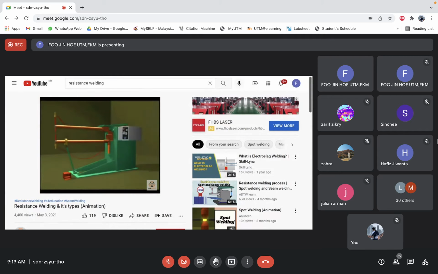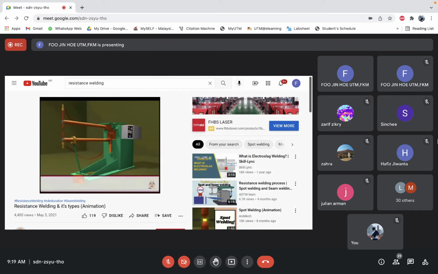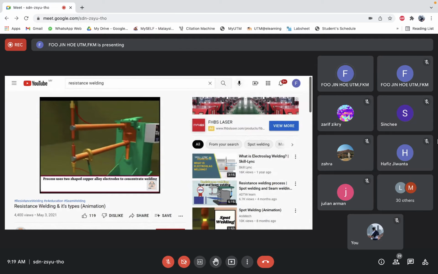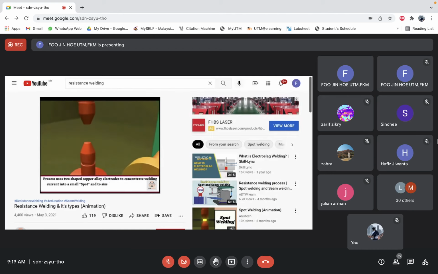Spot welding. Workpieces are held together under pressure exerted by electrodes. Typically, the sheets are in the 0.5 to 3 mm thickness range. The process uses two shaped copper alloy electrodes to concentrate welding current into a small spot and to simultaneously clamp the sheets together.